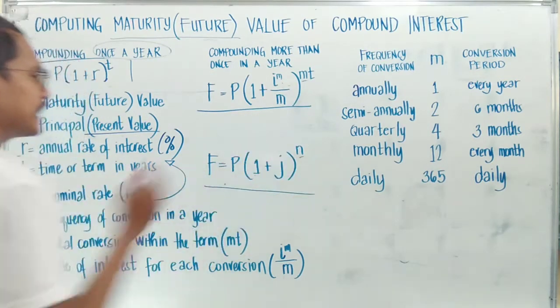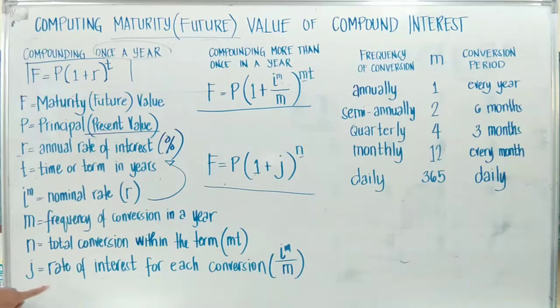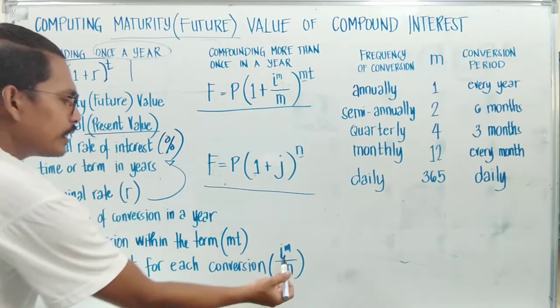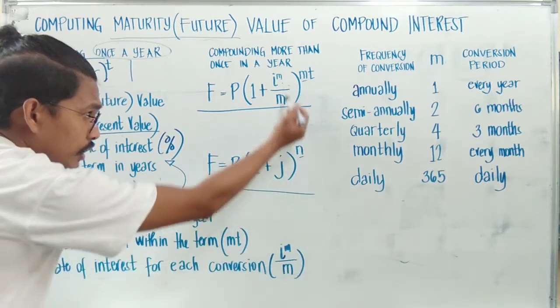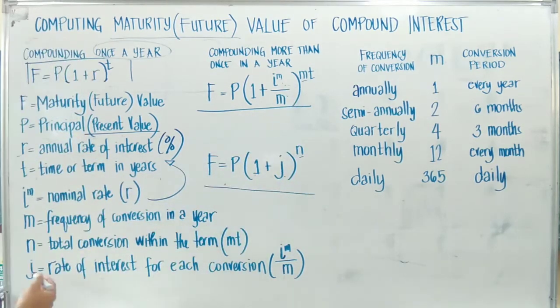Then j is equal to the rate of interest for each conversion period, or we can solve that using i to the m divided by m. This thing is equal to j.